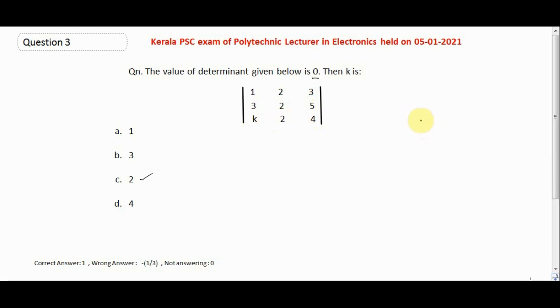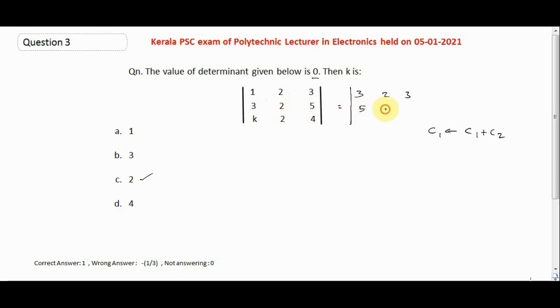So if column 1 changes to column 1 plus column 2, then this determinant will change as 1 plus 2, that is 3, 2, 3. Then this element will change as 3 plus 2, that is 5.